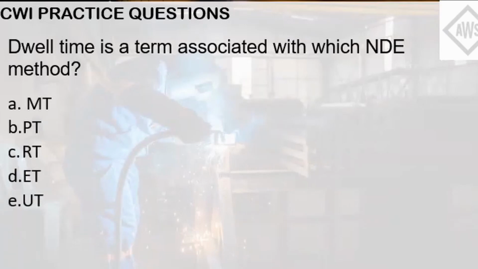Dwell time is closely associated with penetrant testing. Dwell time, by definition, is the total time that the penetrant or emulsifier is in contact with the test surface, including the time required for application and the drain time. This is not applicable for any other tests mentioned in the choices. Hence, the answer here is letter B, PT.